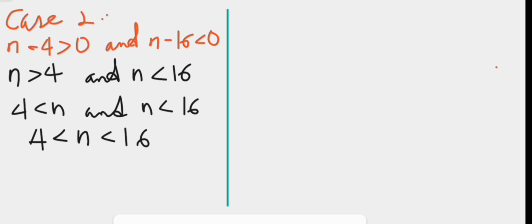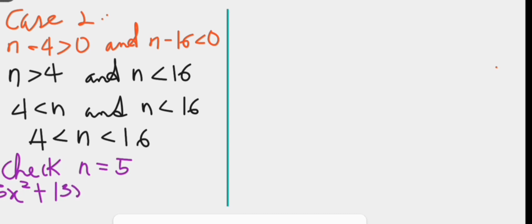However, before we go on, we can check these values too to see their validity. So first, let us consider a value that is greater than 4. Say 5. The original equation becomes 5x squared plus 5 plus 8x, giving 13x plus 9 must be equal to 0.